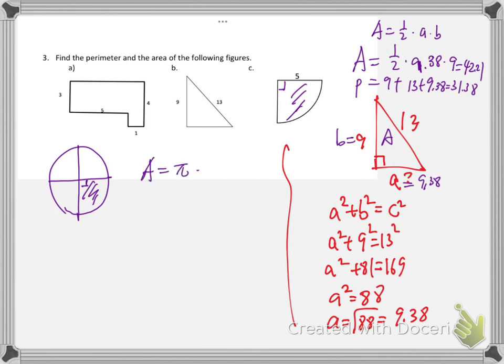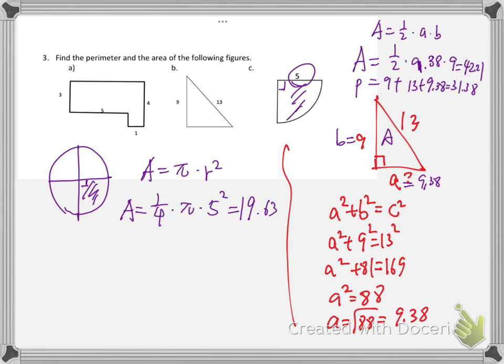It's pi r squared, right? And question C is a quarter of this whole area, so the area is 1/4 times pi times r squared. r is 5, so this is 5 squared. Then you use a calculator, you can get 19.63.